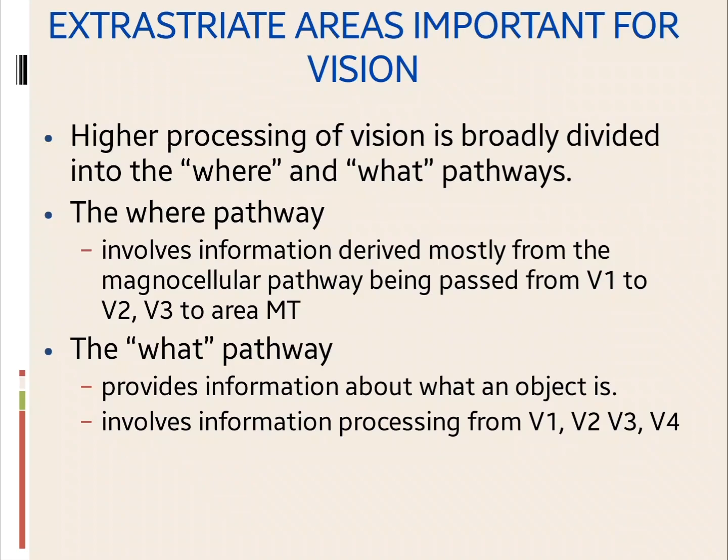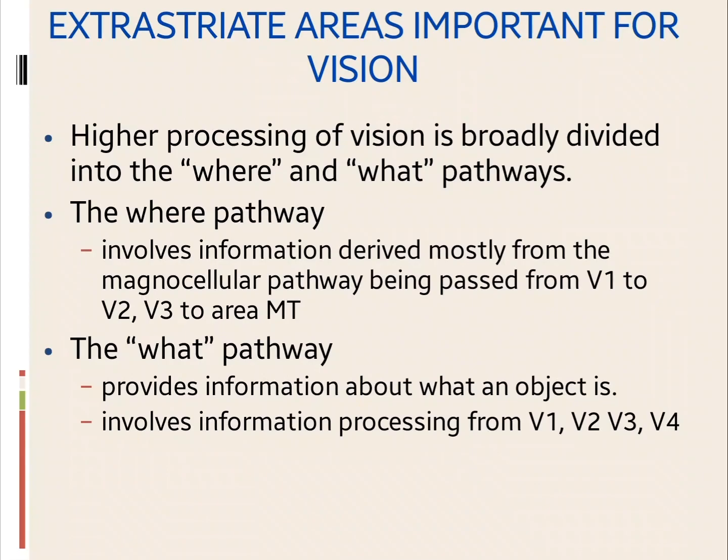Higher processing of vision is broadly divided into the where and what pathways. The where pathway involves information derived from the magnocellular pathway being passed from V1 to V2, V3, to MT. The MT is also referred to as the middle temporal visual area.